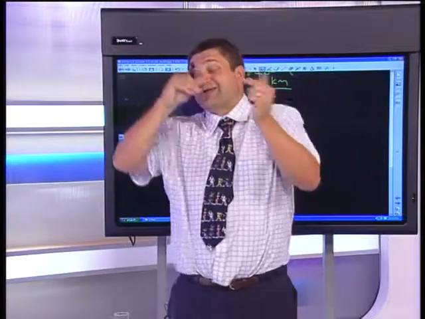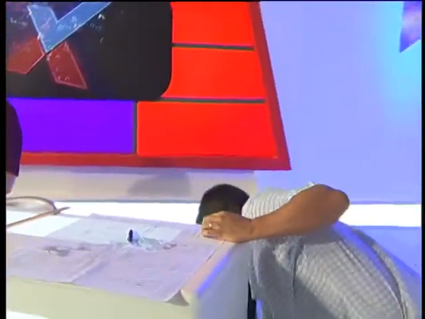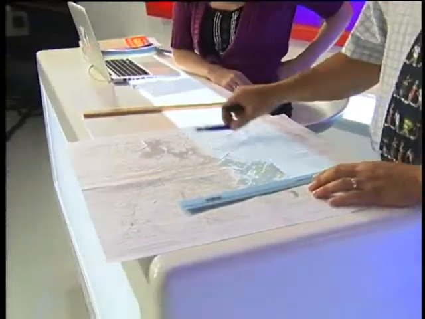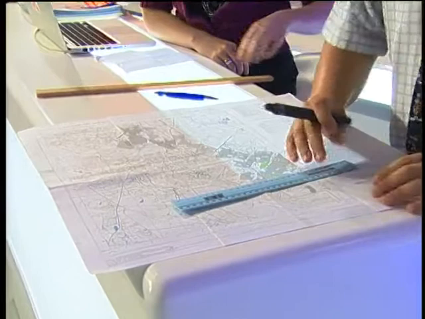Is the map to scale? So we're going to go back to the map, and we are now going to look at that bar scale. So here we are again, and I've got a different ruler. I think this one is a little more accurate.